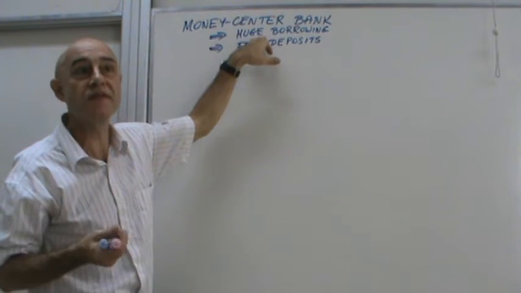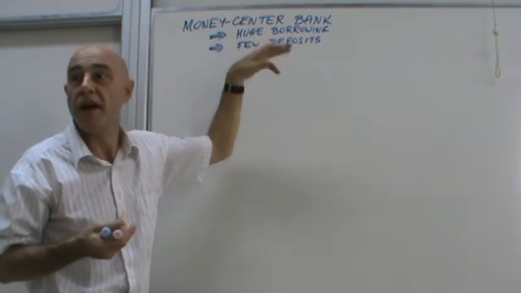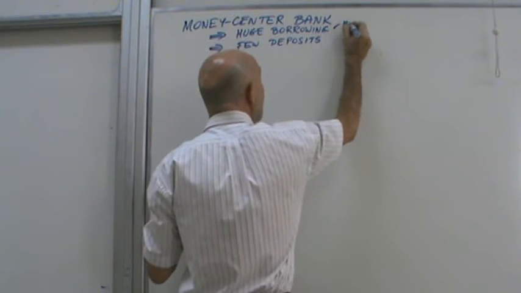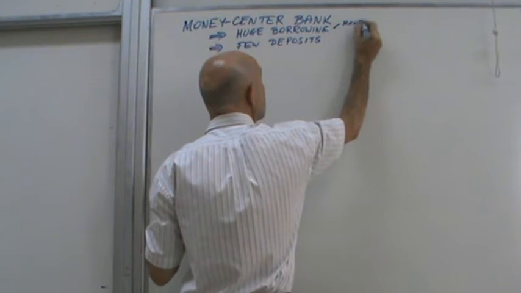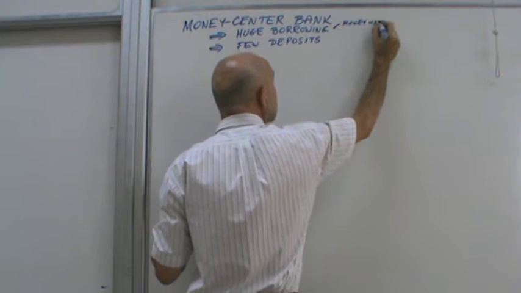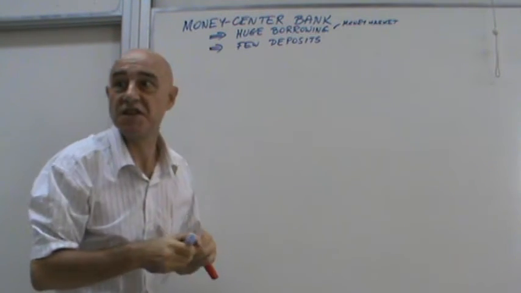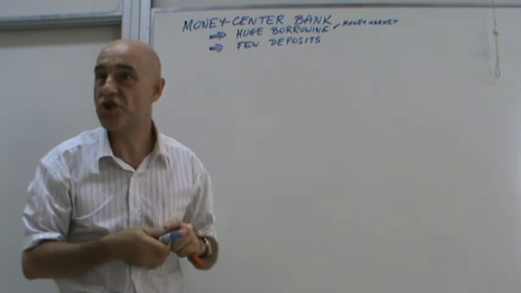So most of them borrow, and they borrow two ways. Most of them borrow on the money market, just the way we've discussed in the money market chapter.